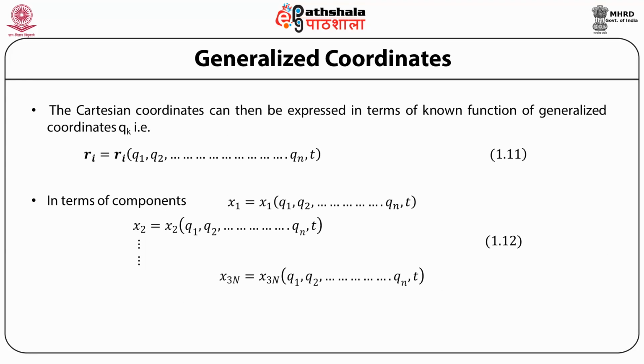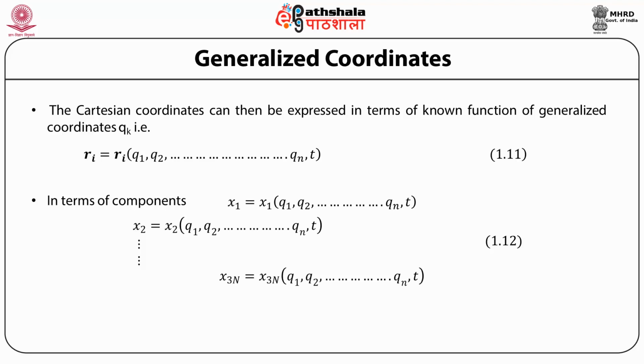So the Cartesian coordinates can be expressed in terms of generalized coordinates q1, q2, qn in terms of known functions, and this is possible for holonomic constraints. Therefore, the position coordinate of the ith particle ri can be written as a function of the generalized coordinates q1, q2, qn and time also if they depend explicitly on time.